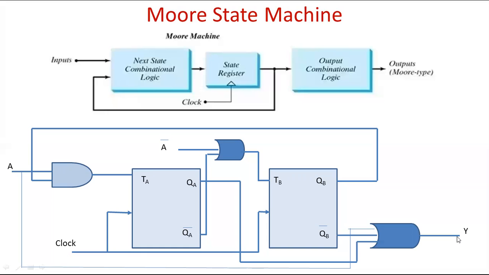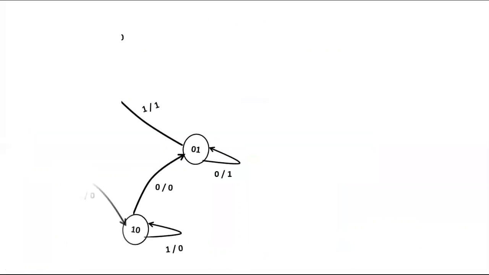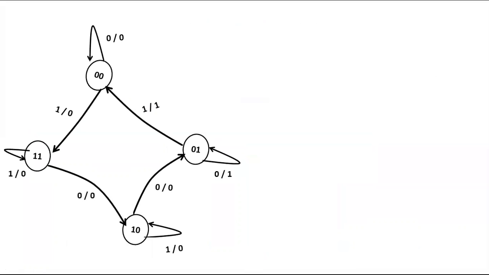Now coming to the example, here we can see the original state diagram. Now we need to draw the Moore state diagram using the original state diagram. Here we have four states: 00, 01, 10 and 11.